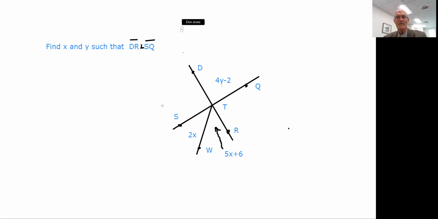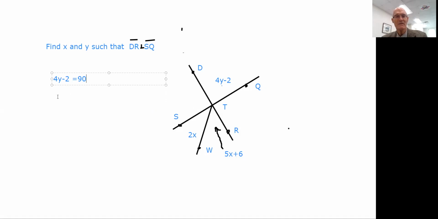Now, if we look at what's going to happen here, remember perpendicular means that QTD has got to be 90. So for the first equation, we can find y here. We can say 4y minus 2 is equal to 90, because that's what has to happen in order for SQ and DR to be perpendicular.